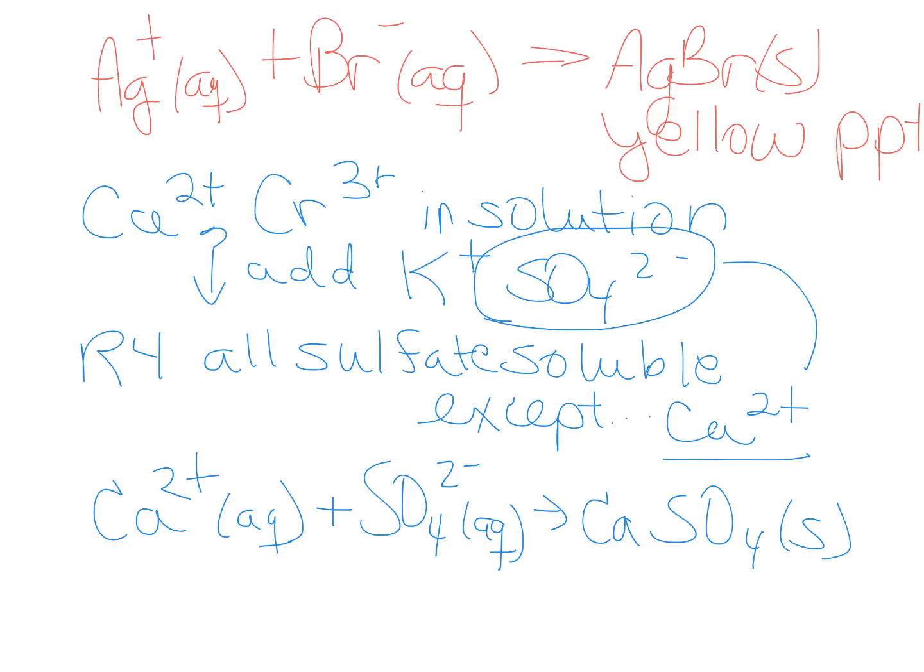Okay, now we only have one material left in solution since we've isolated the calcium sulfate solid by filtration. We now just have Cr3+. So what happens here? We have Cr3+ floating around in solution, and this time we're going to add potassium sulfide. So that means I have K+ available and S2- available.